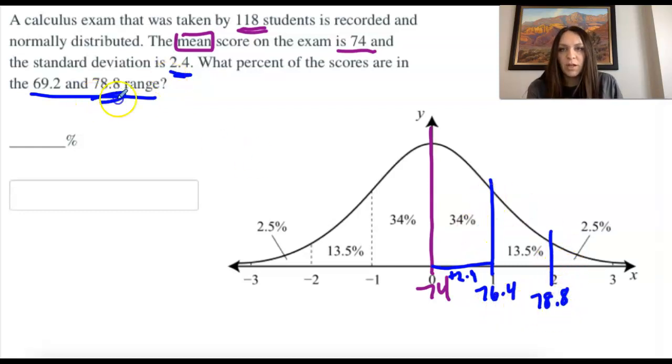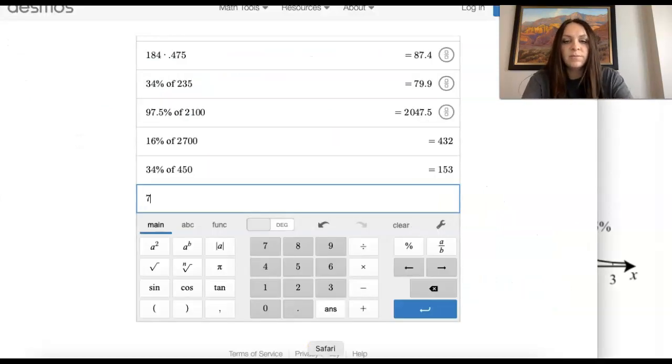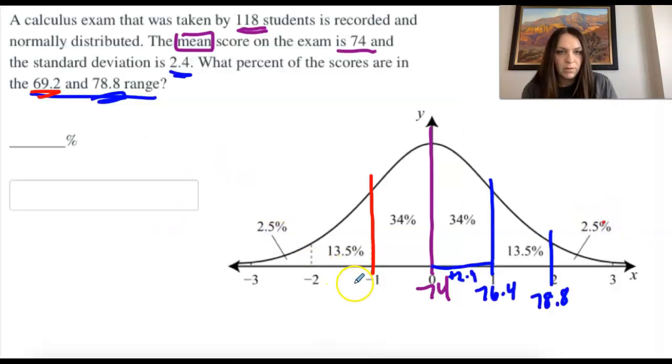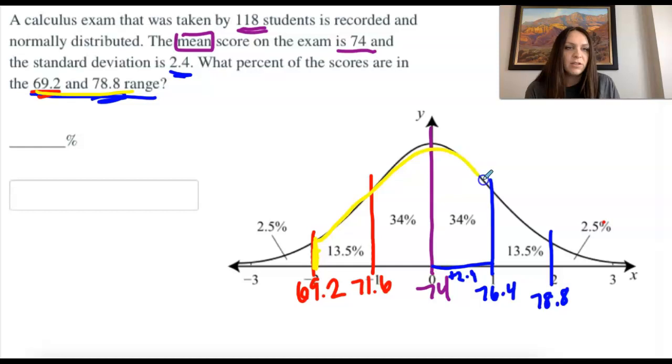So that's my bottom. Now I need to go the other way to get to 69.2. So I would subtract 2.4 from 74. So 74 minus 2.4, and then I would keep going to get my values. So 71.6, and then this one would be my 69.2. So my range here is from here all the way to here.